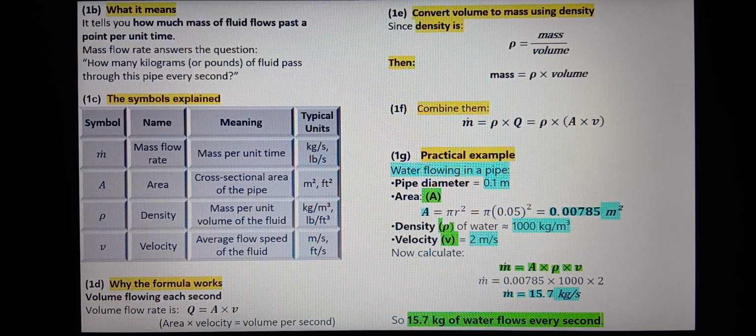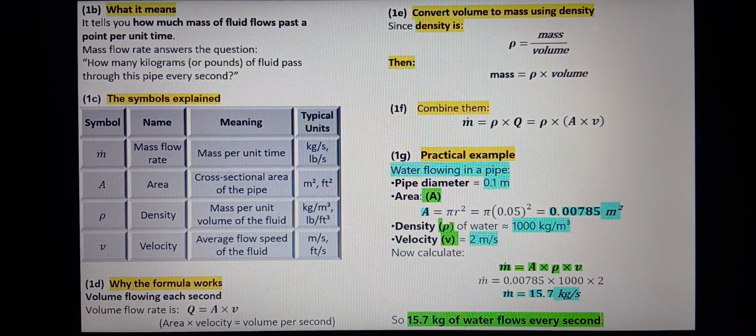A is the area, the cross-sectional area of the pipe, measured in meters squared or foot squared. Rho is the density, mass per unit volume of the liquid, measured in kilograms per cubic meter or pounds per cubic foot. And V is the velocity, the average flow speed of the fluid, measured in meters per second or feet per second.